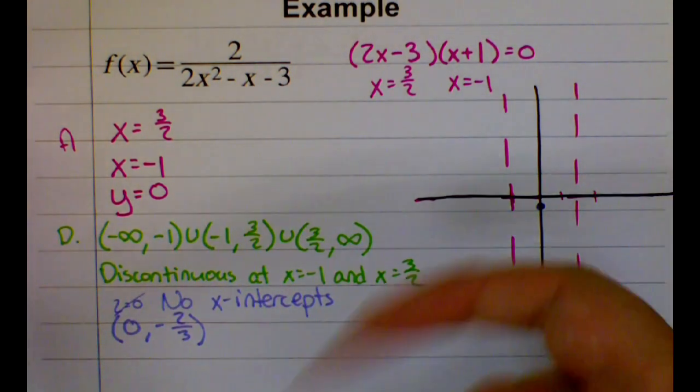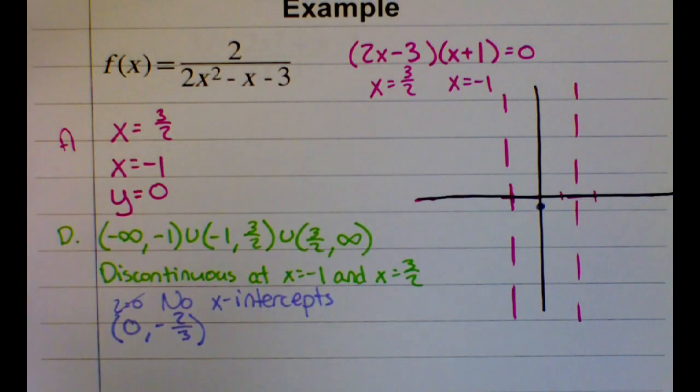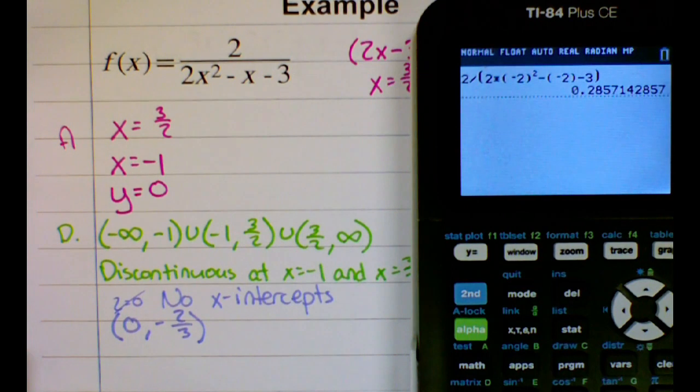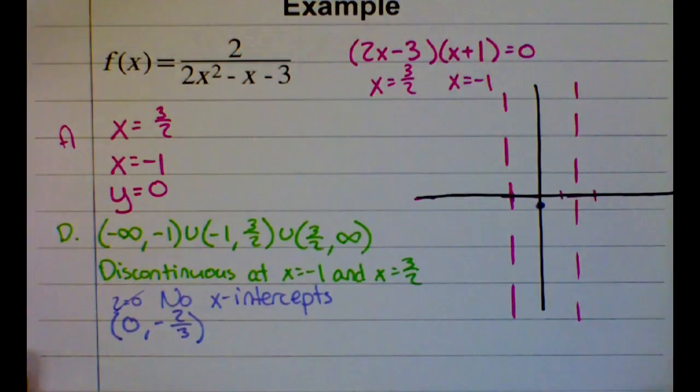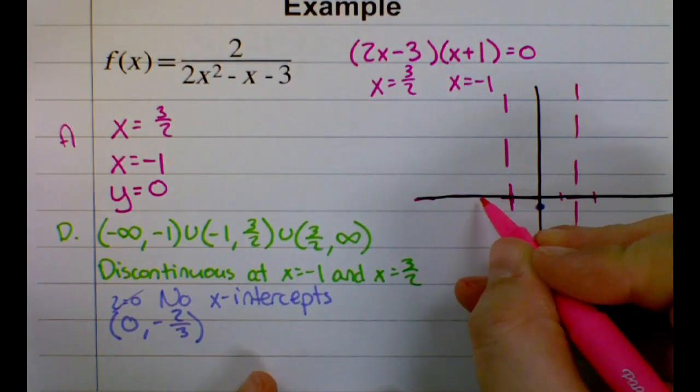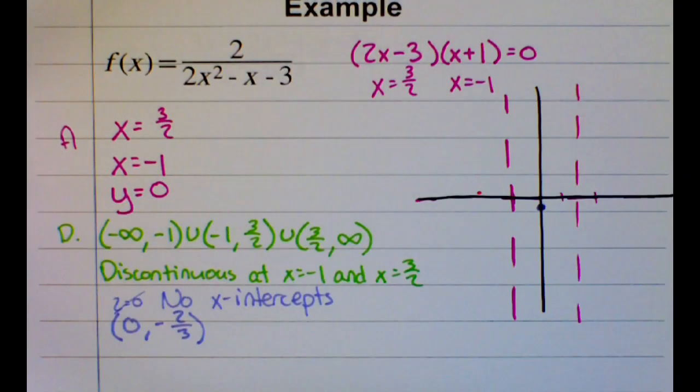Let's pick something to the left of negative 1. Let's try negative 2. 2 over 2 times negative 2 squared minus negative 2 minus 3, 0.28. So my graph goes to the point negative 2, positive 0.28. Like right there.